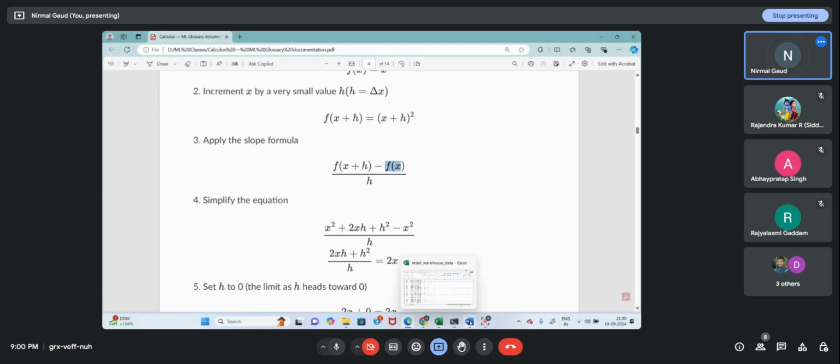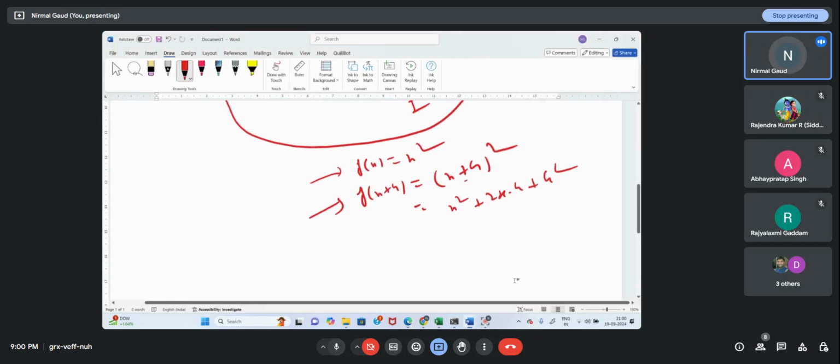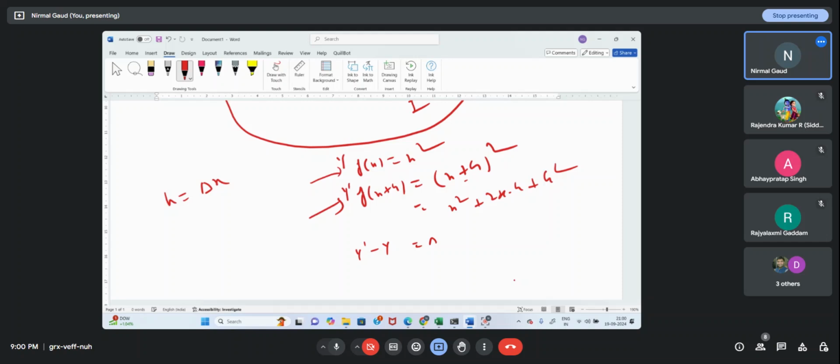Why? The reason is you have considered h equal to delta x. This is my y, this is also my y. Let us consider y dash. So y dash minus y is the change in y. h is already delta x.